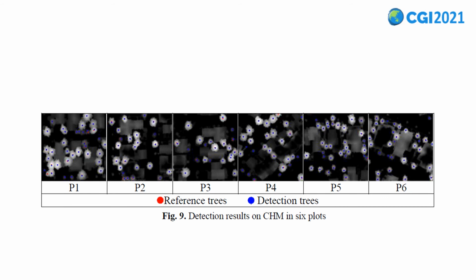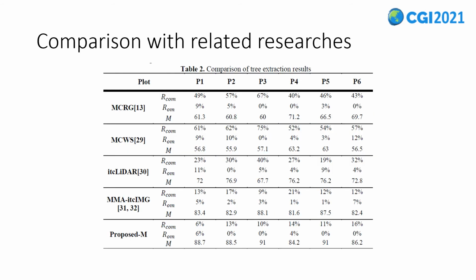This slide shows detection results on CHM in 6 plots. This slide shows comparison with related research. Our method has the best matching score. It means our method has better tree detection results in complex scenes.